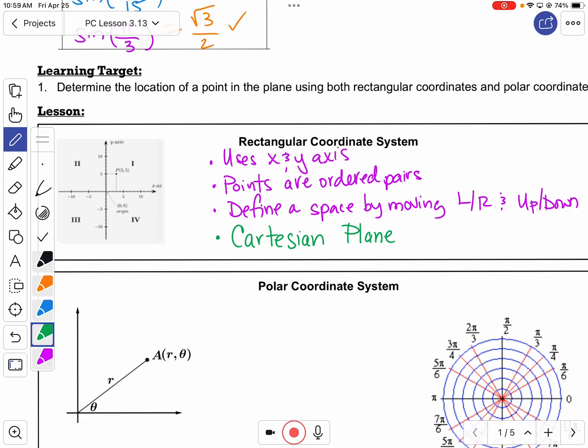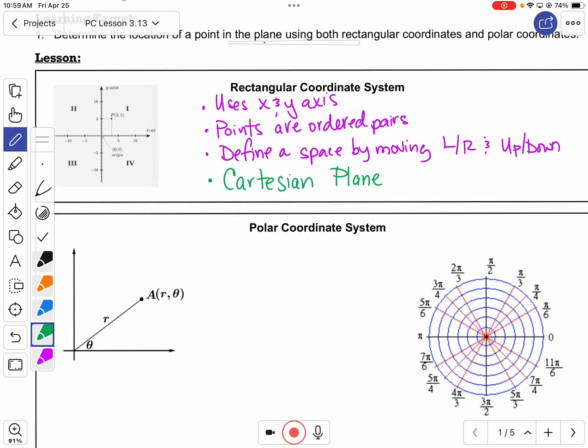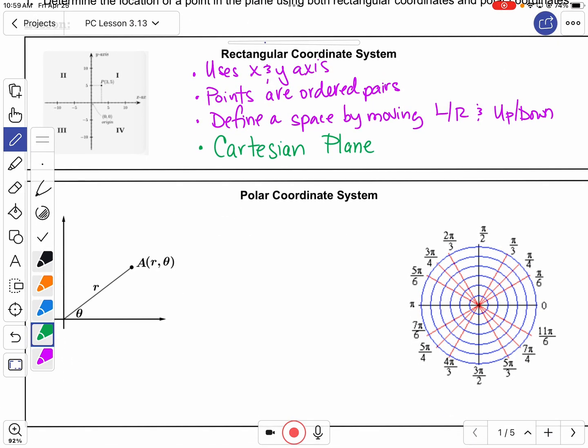So what we're going to do now is switch to the polar coordinate system. In the polar coordinate system, marking a location is more like flying an airplane.